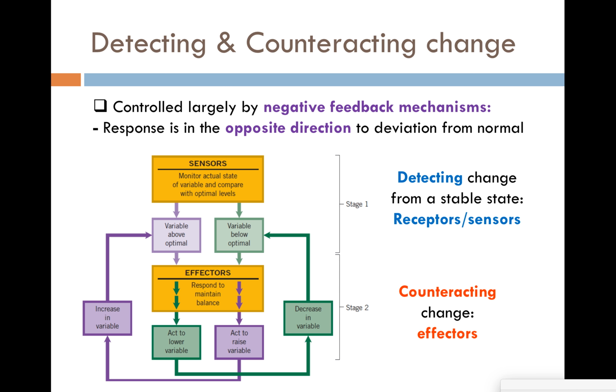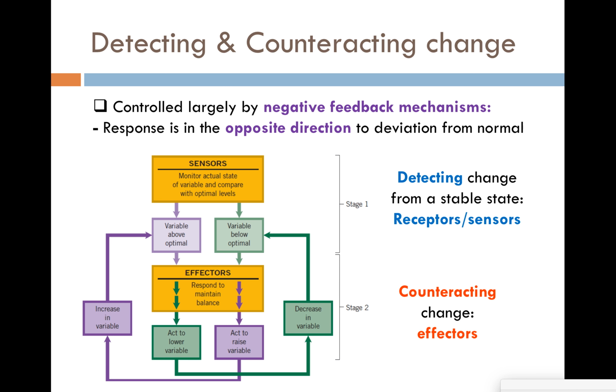It is a feedback loop used in 99.9% of cases where we talk about detecting and responding. And we've got a really important definition of a negative feedback loop here. So a negative feedback loop is just where the response causes the stimulus to go back in the opposite direction.